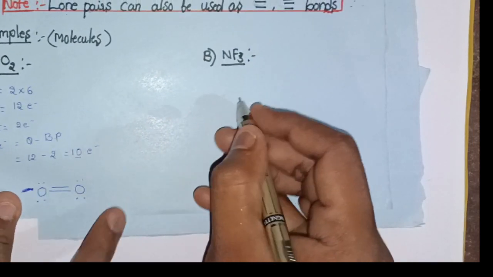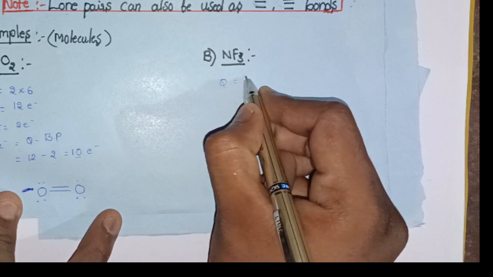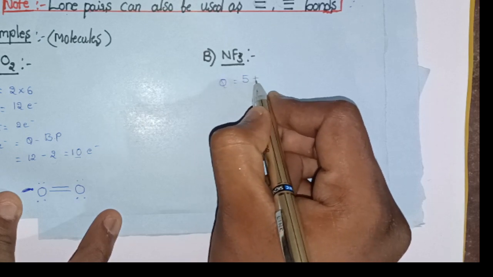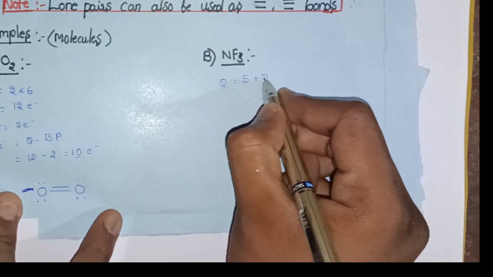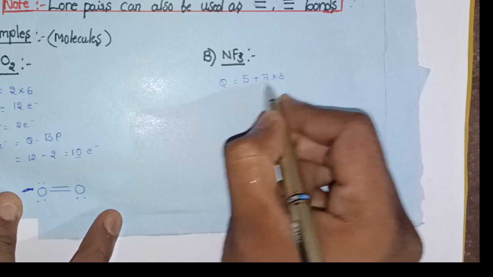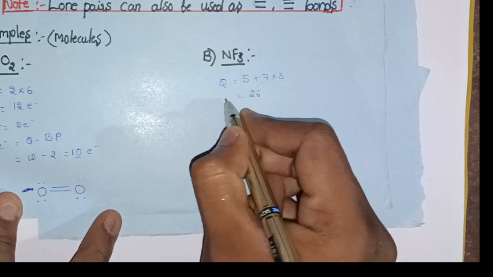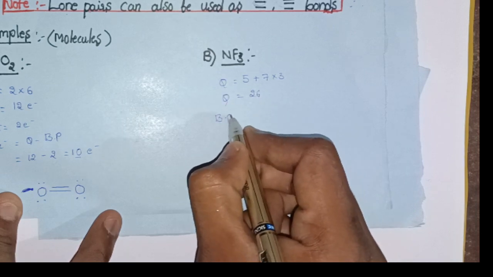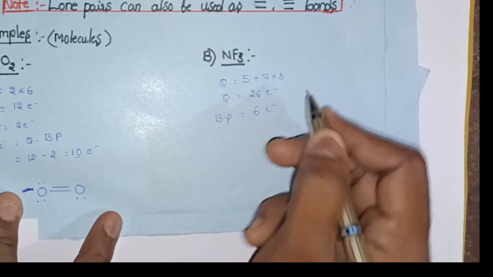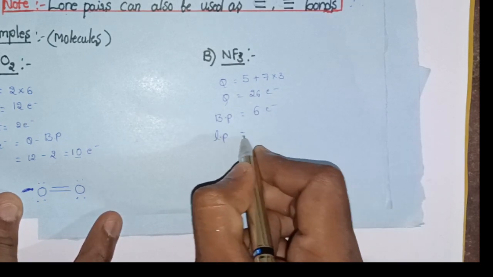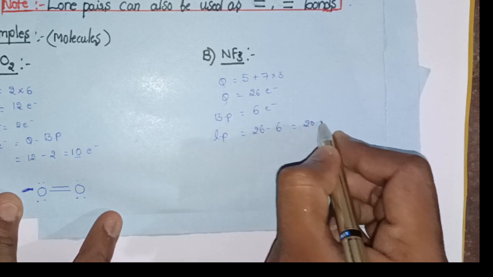For NF3, we get Q, the total number of electrons, is equal to 5 plus fluorine having 7, 3 sevens are 21, that is 21 plus 5, 26. Bond pair electrons is equal to 3 twos are 6 electrons. Lone pair electrons is equal to 26 minus 6. Here you get 20 electrons.